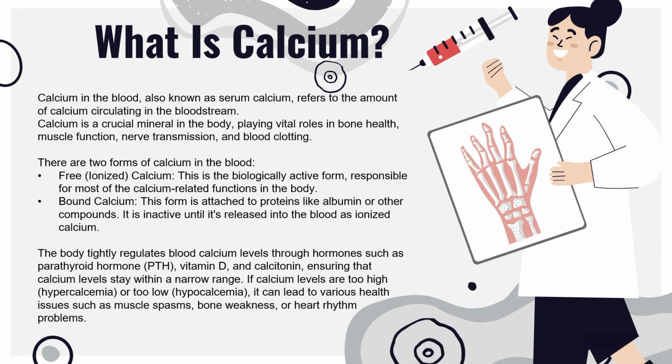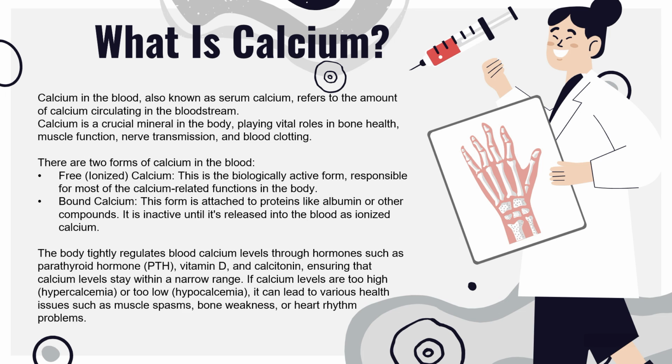The free form or ionized calcium is the biologically active form responsible for most of the calcium-related functions in the body. The bound form is attached to proteins like albumin or other compounds, and it is inactive until it's released into the blood as ionized calcium.